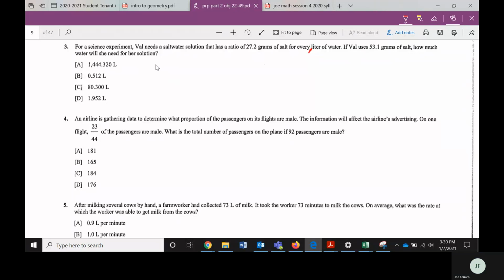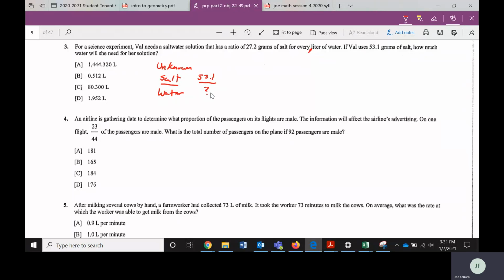So again, for the unknown, the question, they're giving us 53.1 grams of salt, and they want to know when we have that, how much water will she need in the solution? So those are the two things we need. Now in that question, they're giving us the grams of salt, so that goes on top.